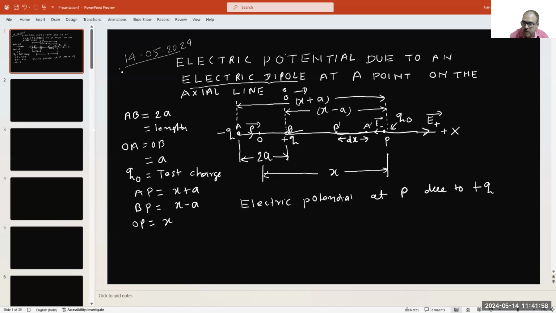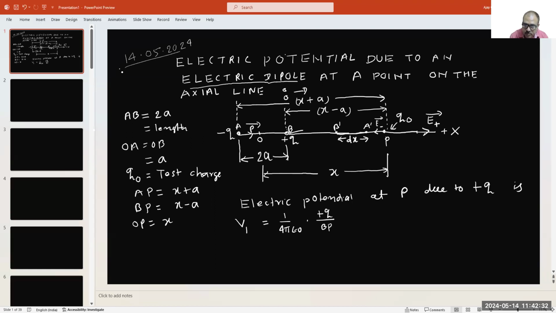Suppose we are writing this as V1, the first potential. And we know the formula of the potential. We have derived today: 1 upon 4 pi epsilon naught, the positive charge, divided by the distance of the positive charge to the point P, that is BP.